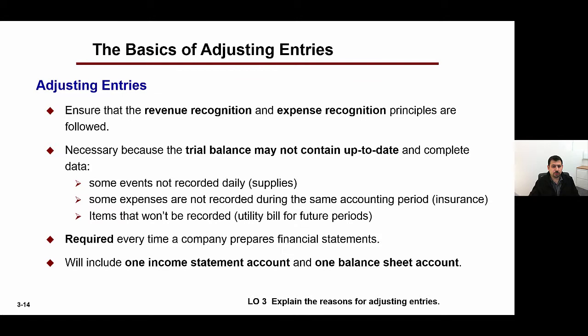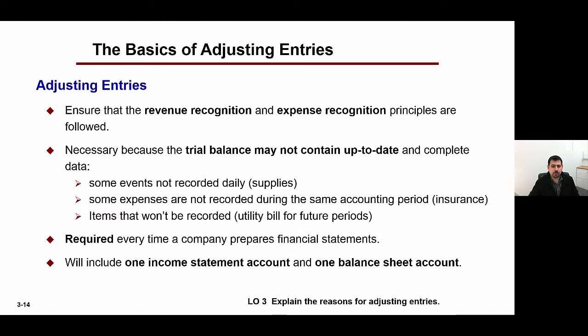Then we also have certain revenues that we might be paid in advance. We have already talked about prepaid expenses and unearned revenues, and we will talk about that a little bit more later on. We also have certain items that will not be recorded until later on, for example, when we receive a utility bill for the future.